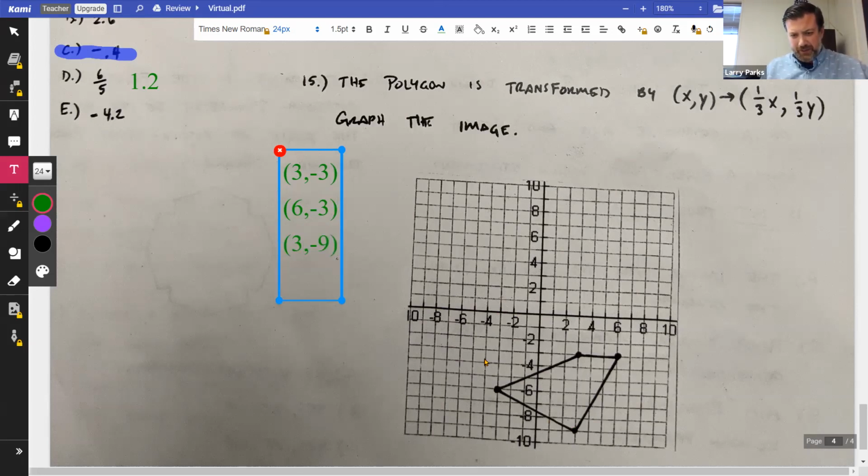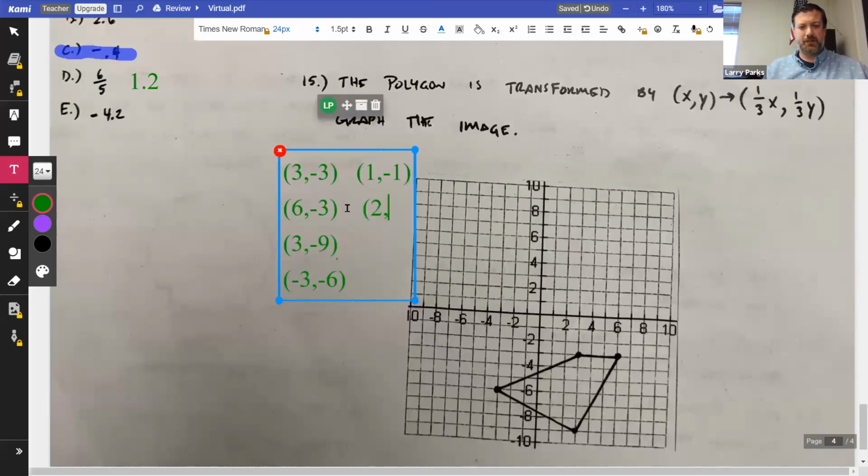And this point is -3, -6. So when we do a scale factor of 1/3, that means take all those numbers and divide by 3. 3 divided by 3 is 1. -3 divided by 3 is -1. 6 divided by 3 is 2. -3 divided by 3 is -1. 3 divided by 3 is 1. -9 divided by 3 is -3. -3 divided by 3 is -1. -6 divided by 3 is -2.